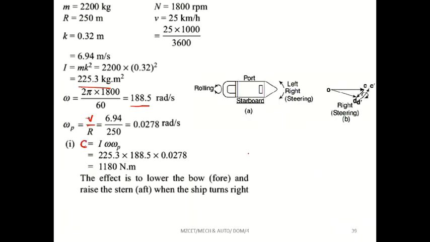You will get 6.94 meter per second, divided by 250 meter. So the answer is 0.0278. Now substitute the I value and omega p value into the couple, and you will get the answer as 1180.